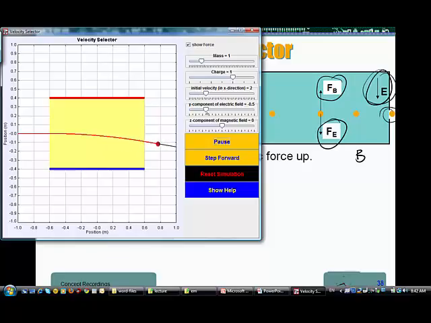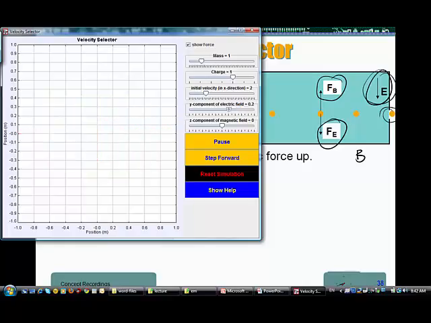Now let's have the electrical field in the opposite direction, and the force should be upwards, in the same direction as the electrical field. Now what I'm going to do is have no electrical field, so the charge is going to move on a straight line.